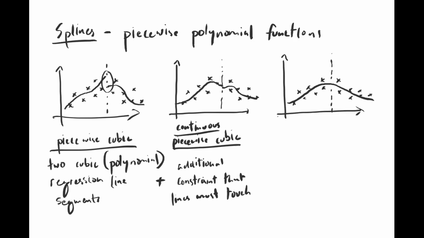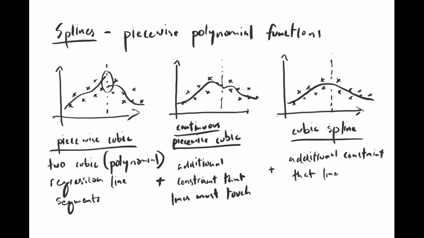And this is known as a cubic spline. And there is an additional constraint again, that lines must be smooth.